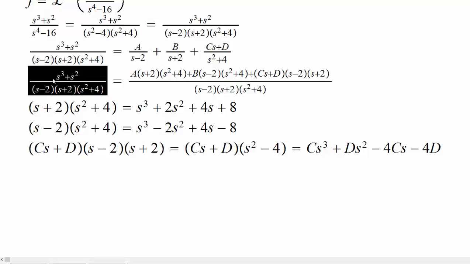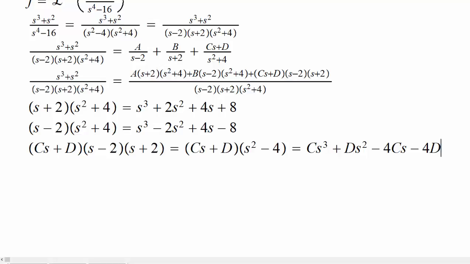Okay, so what we have now is, let's align it slightly differently because otherwise it will not fit.